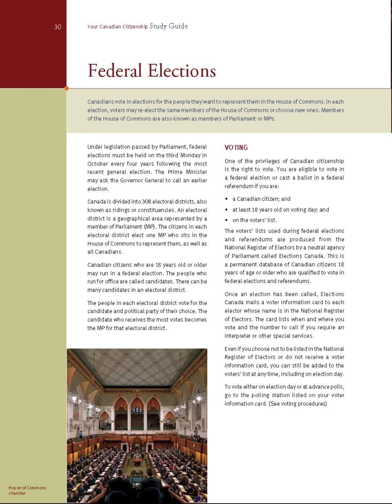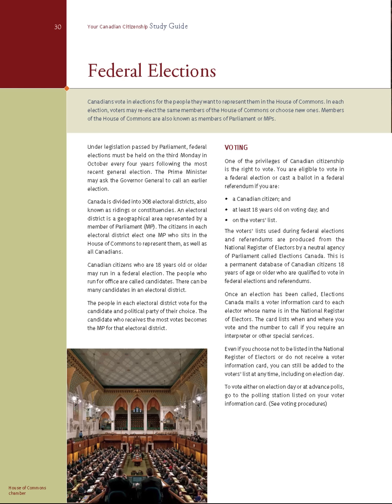Federal elections. Canadians vote in elections for the people they want to represent them in the House of Commons. In each election, voters may re-elect the same members of the House of Commons or choose new ones. Members of the House of Commons are also known as Members of Parliament or MPs.